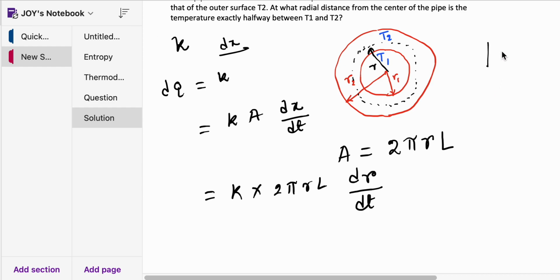Suppose there is a chunk of conductor whose cross-sectional area is A and whose width is dx.